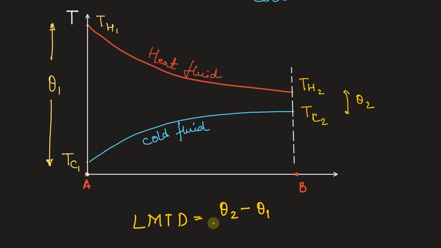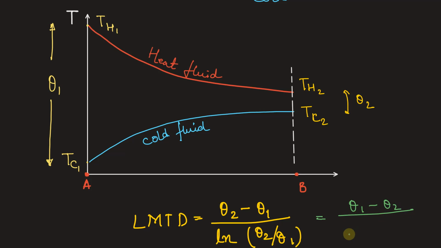So theta2 minus theta1 divided by ln theta2, the temperature difference at the end, divided by the temperature difference at the beginning. So this is the expression of LMTD. Also we can write it as, if we take -1 common, theta1 minus theta2 divided by ln theta1 by theta2.